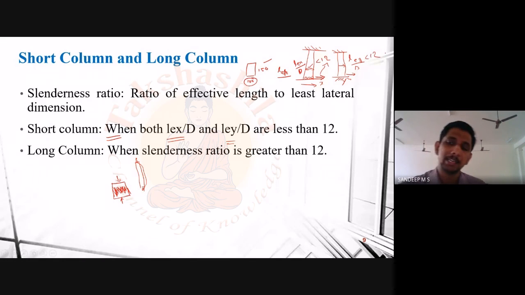In that case, we can classify it as a short column. Whereas if it exceeds 12, then we classify it as a long column. This is how you have to classify it.